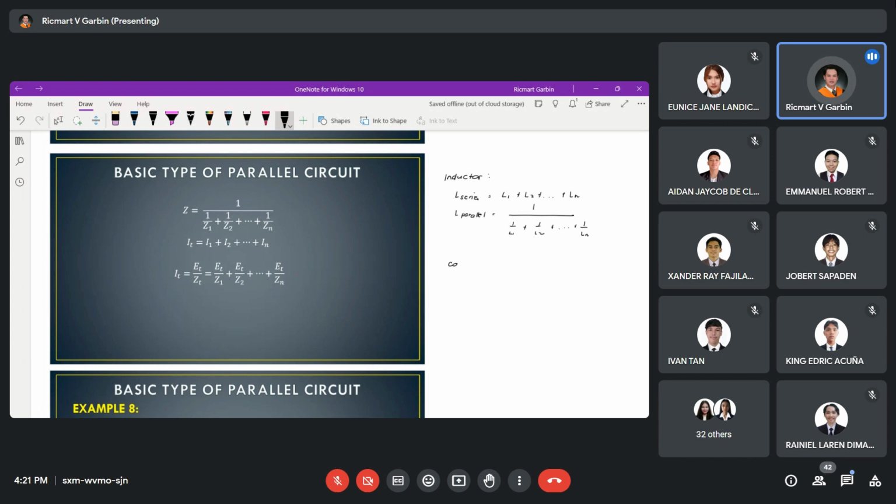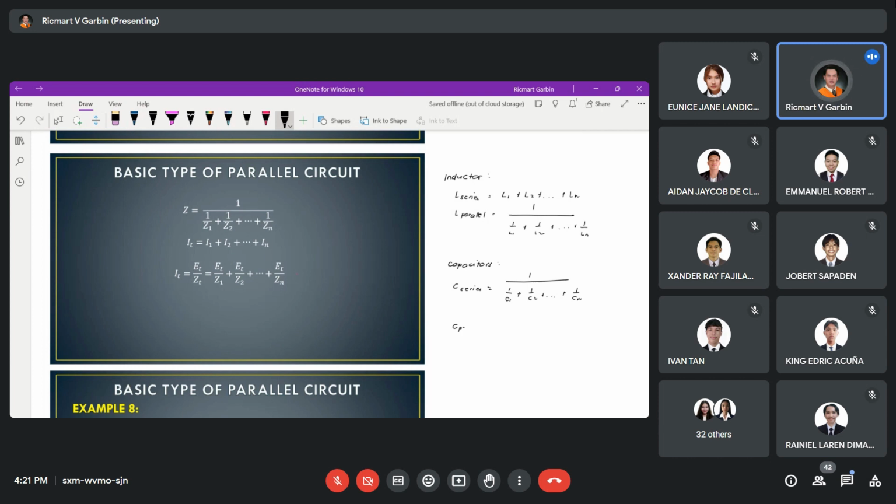Then, kapag capacitors in series, kabaliktaran naman, so that is 1 over C1 plus 1 over C2 plus kung ilan man yung capacitors in series.